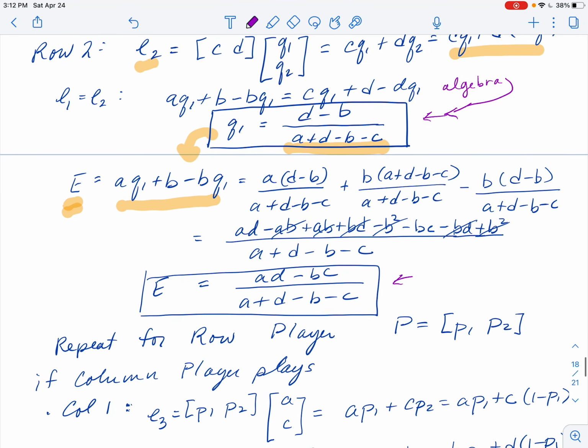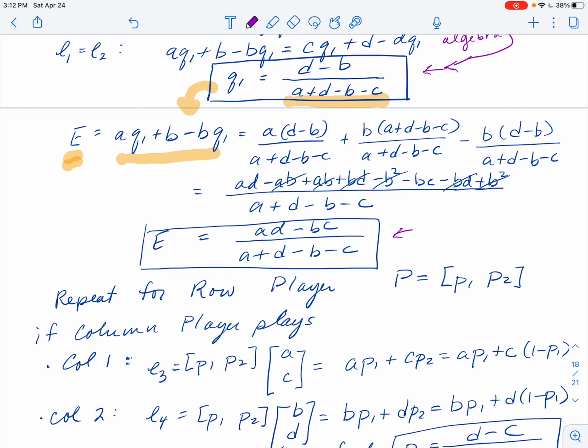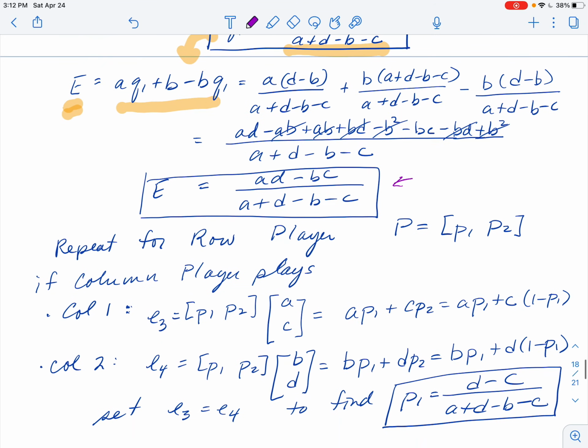Now, in this one, I actually did repeat for the row player. Now notice, if we're doing this for the row player, we're trying to find the P strategy, P1 and P2. And again, I didn't write it, but P2 is 1 minus P1. And in this case, if the column player plays column 1, that's A, C, notice I put the P1, P2 in front because if you remember, E equals PAQ.